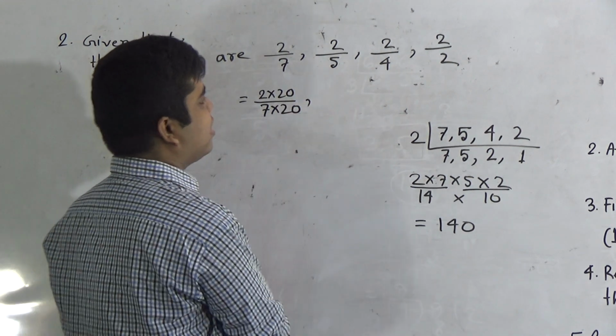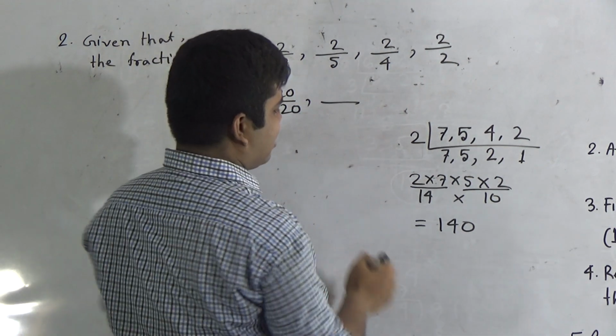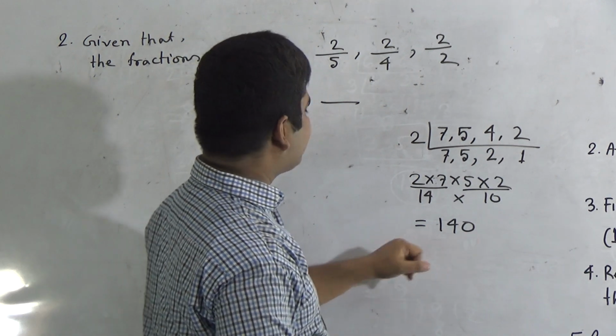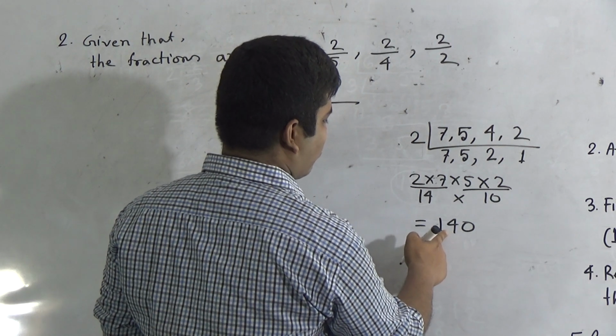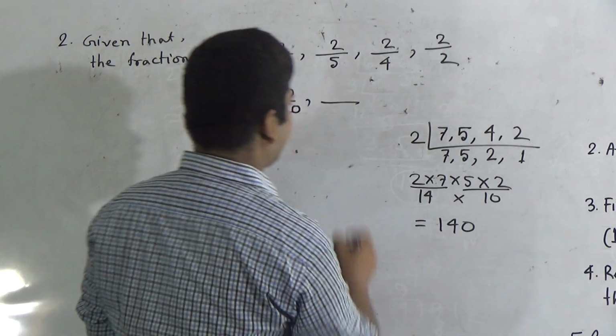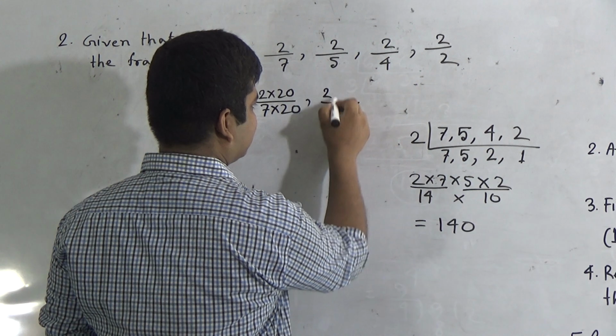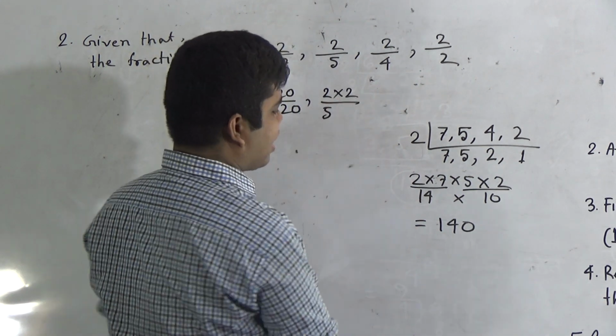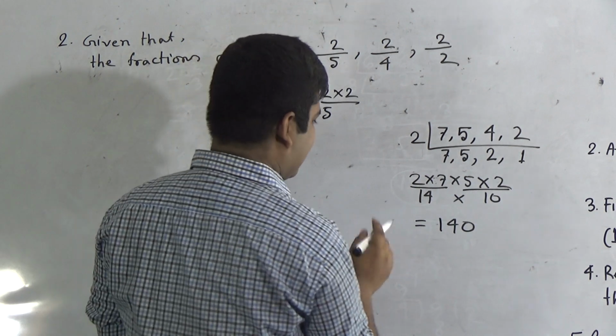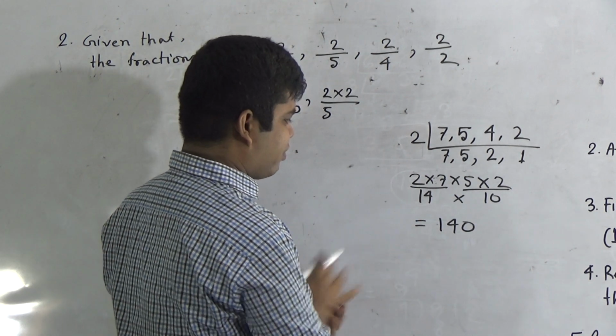So this is done. Next, this 140 is divided by 5. If we divide this 140 by 5, 5 2s are 10, if we subtract, then we get 40.